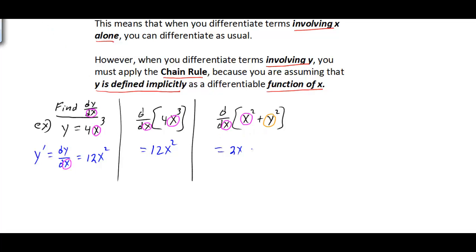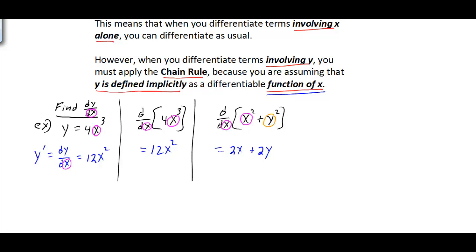So when we take the derivative, we're going to have to use the chain rule. And the derivative here with the chain rule says we're going to take the derivative of the outside function, which would be the 2. So that would be 2 times y. The y is really the inside function. And remember, this y here is defined as a function of x.